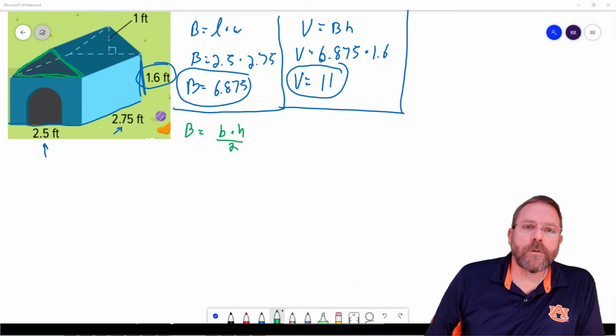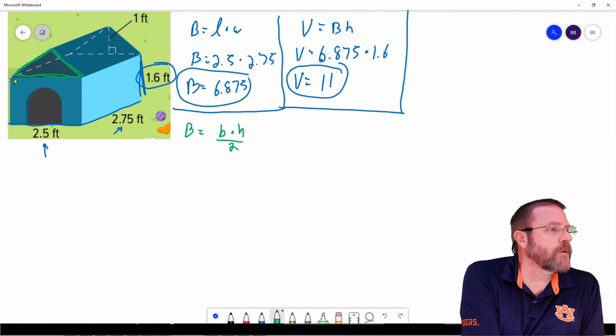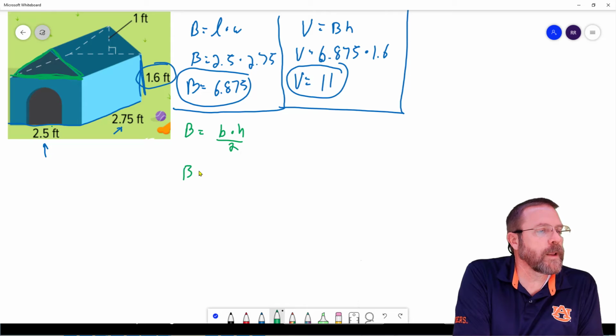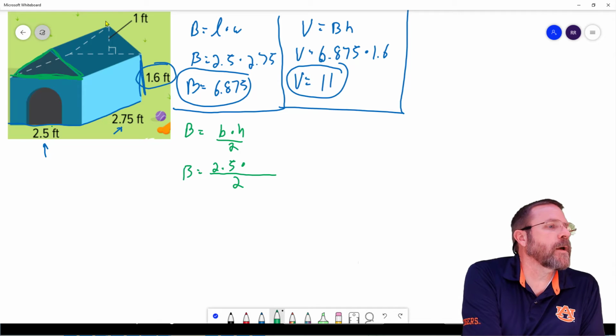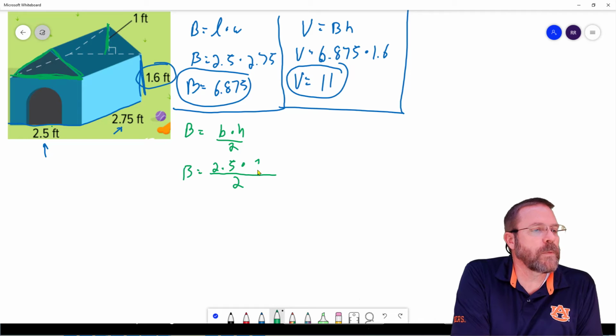So on my triangular prism, if you take a look at it, this number right here, 2.5, is the same length as that side right there. So I'm going to have a base of 2.5 divided by 2 and times, and the height is going to be this number right here, which is 1.